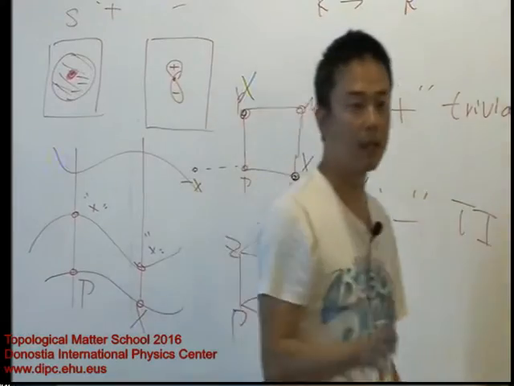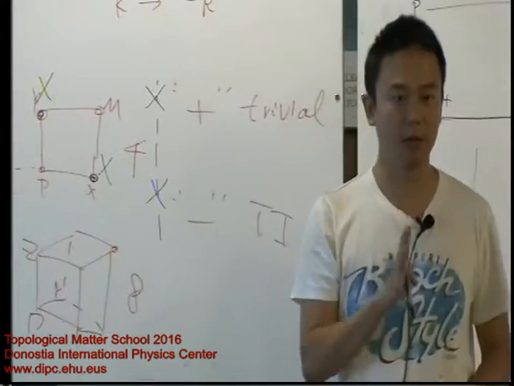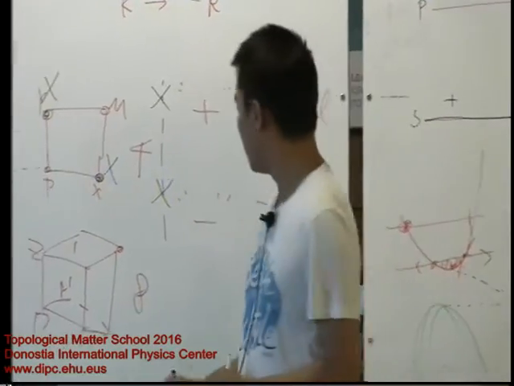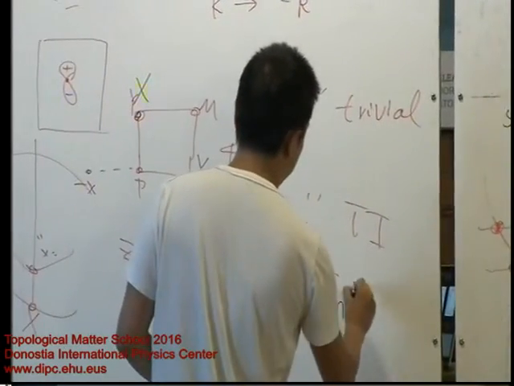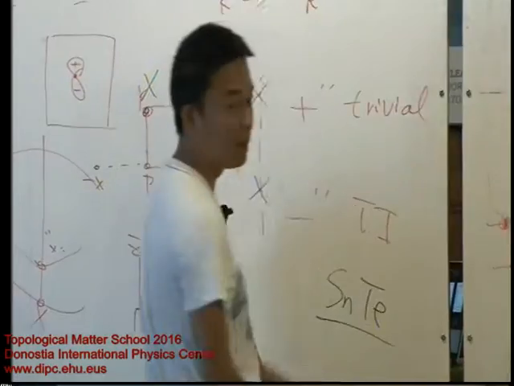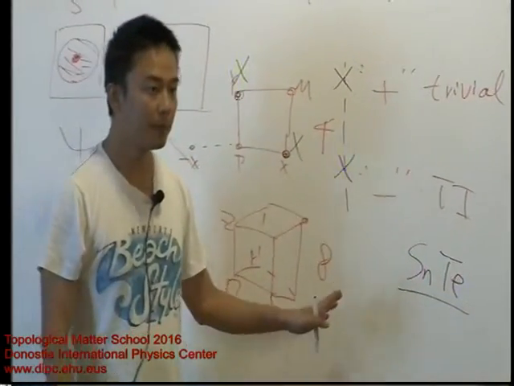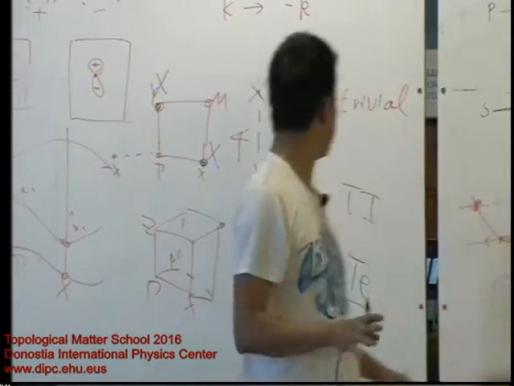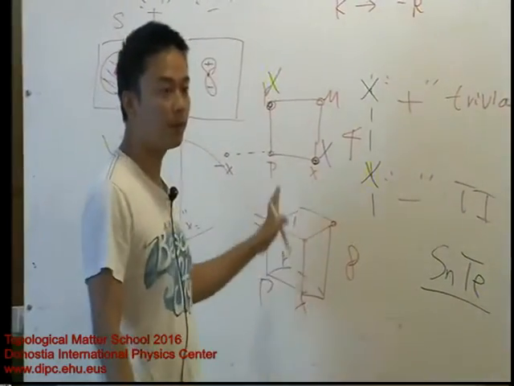And this is exactly the case of the topological crystalline insulator. A famous example is a tin telluride material. There are six band inversions in this 3D Brillouin zone.